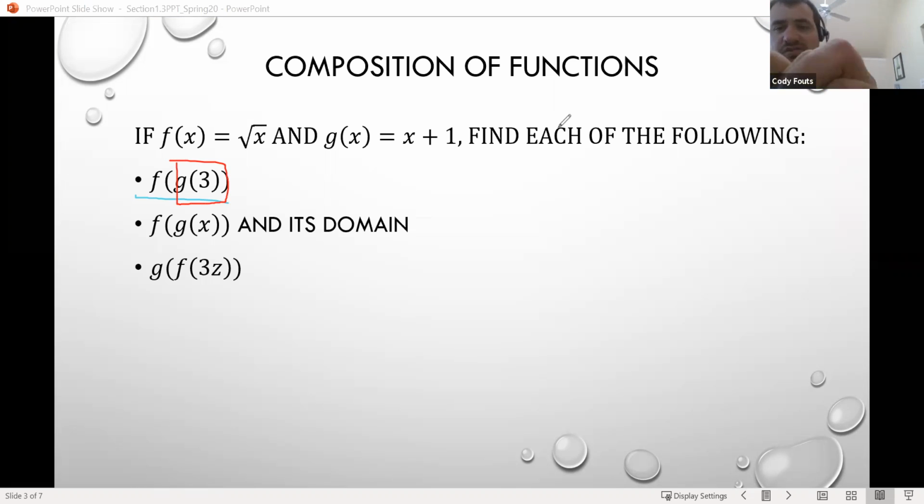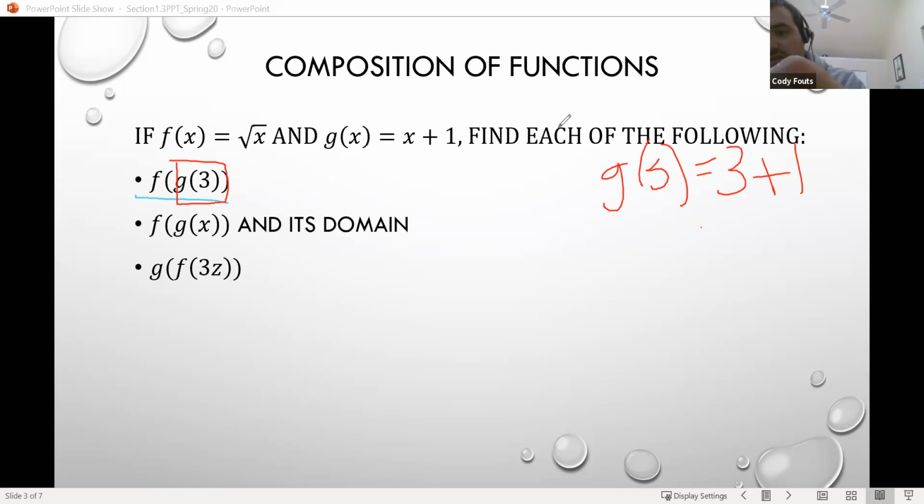So do a little scratch work here off to the side. g of 3 equals 3 plus 1, so that will give us 4. And so that's the output when we have g of 3, but that output now becomes the input for f.